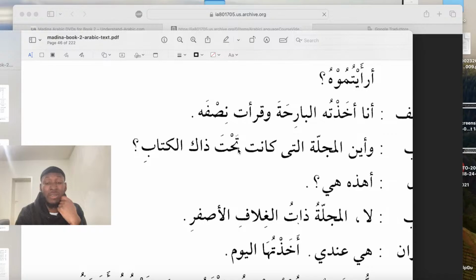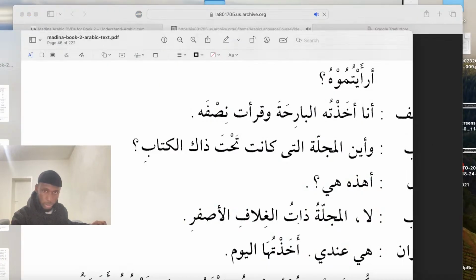So كانت تحت, obviously تحت will be our khabar kana. ذاك الكتاب: ذاك is a demonstrative pronoun, and al-kitab will be badal of ذاك. تحت is a zarf acting like a mudaf, so ذاك is our mudaf ilayh, and al-kitab is the badal for ذاك.